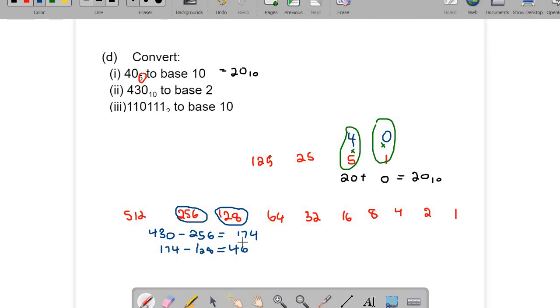So please, when you're doing the subtraction method, don't forget to circle the number that you subtracted, because it's going to be very important for your final answer. Okay, what is the biggest number that is less than 46? That would be 32. Okay, so we're going to say 46 minus 32, and you should get 14.